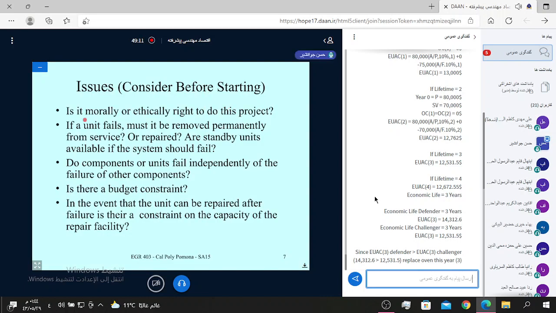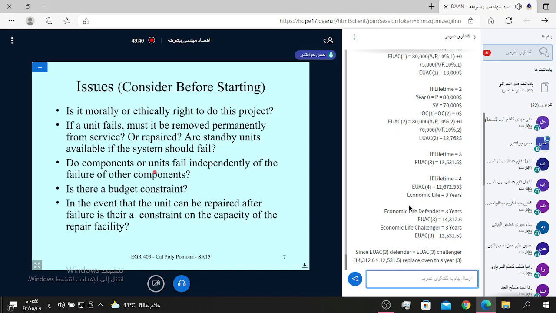Consider before starting whether it is morally or ethically right to do this project. If a unit fails, must it be removed permanently from service or repaired? Is a standby unit available if the system should fail?